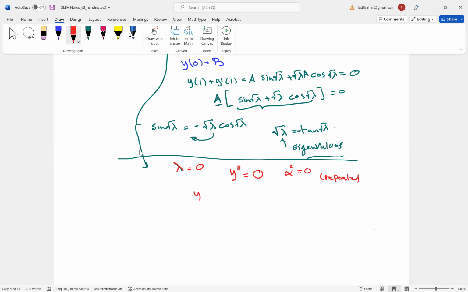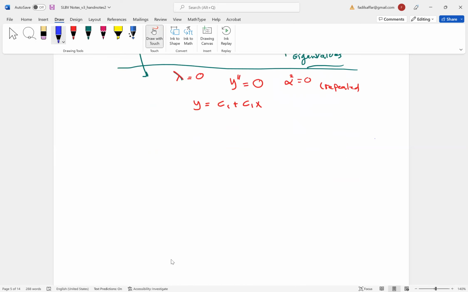And our general solution will look like this: we have a constant, and since they're repeated solutions, we'll have another constant multiplied by x. If we substitute the boundary condition y at 0 equal to 0, that would be just C1. So C1 equal to 0.